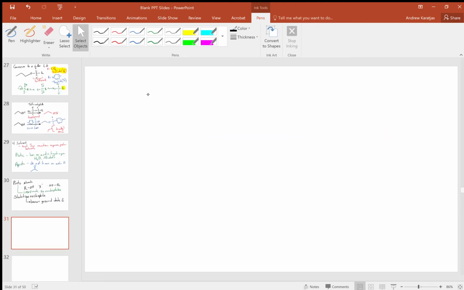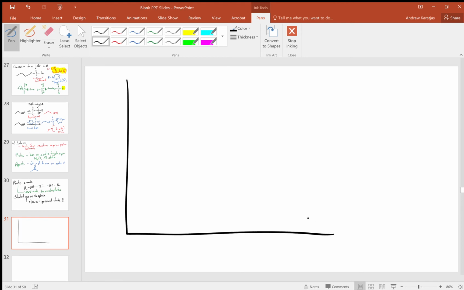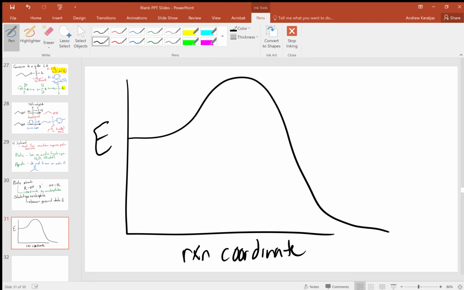So if you recall these types of graphs that you saw in general chemistry, where you plotted energy versus the reaction coordinate, for an SN2 reaction, these would look pretty simple. In many cases, SN2 reactions are exothermic, and so we get a nice simple plot that looks like this.